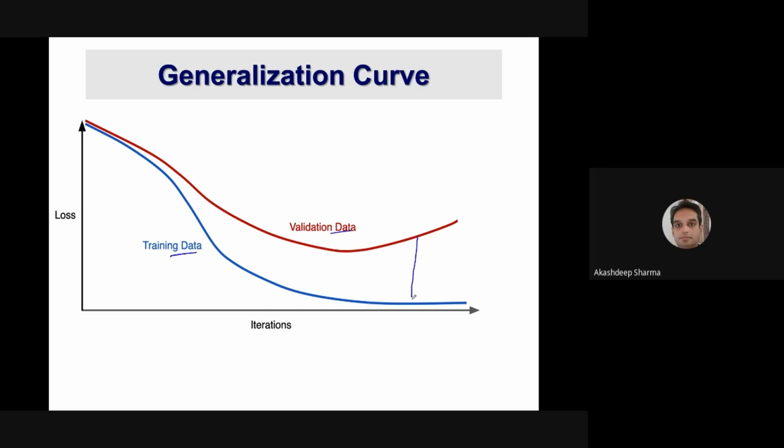You please observe the gap. If this is high, please look at your axis. If it is almost 0, it means my training error has gone to 0, but my validation error is high. This will indicate that there is a problem in my algorithm, there is validation error.